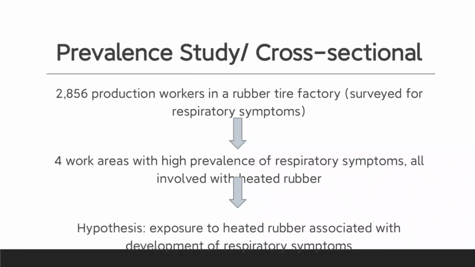So, the survey included information about respiratory symptoms suggestive of the development of obstructive pulmonary disease. So, after the analysis of data, it was revealed na 4 work areas with high prevalence of respiratory symptoms all involved with heated rubber.